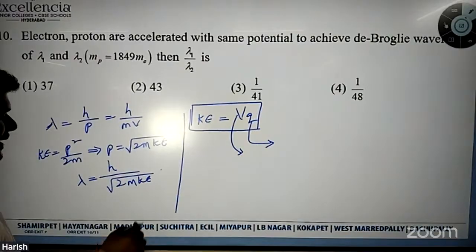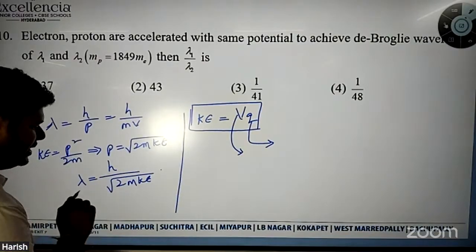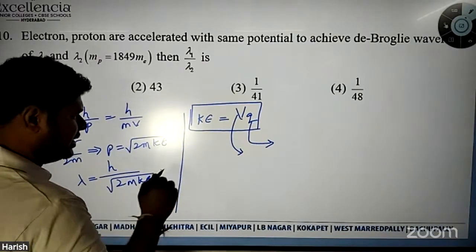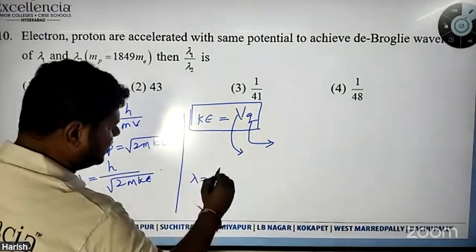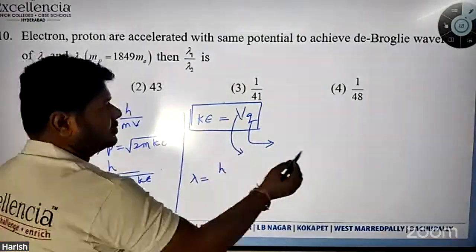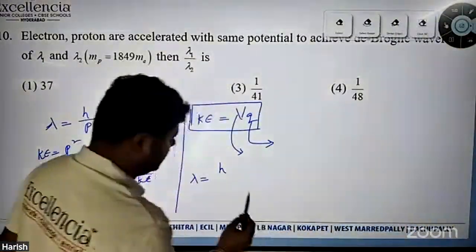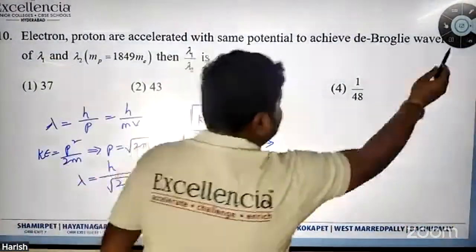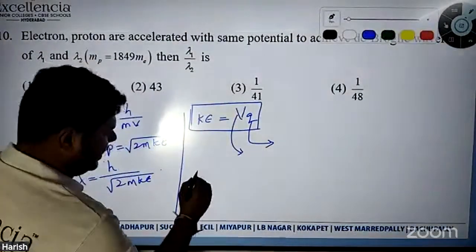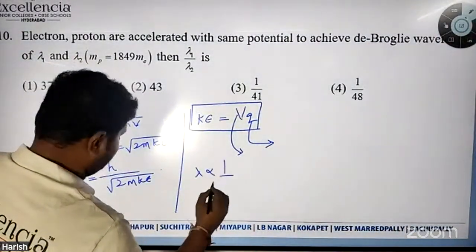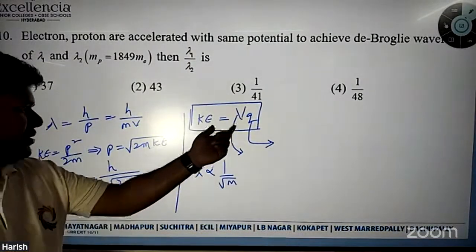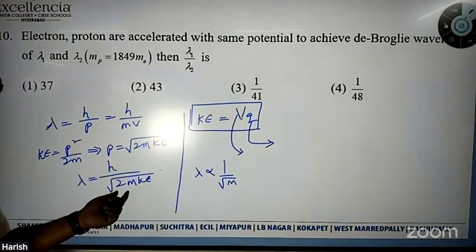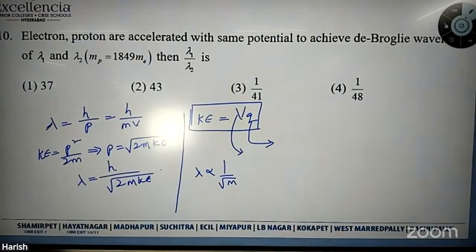As K is the same for both, h is a constant, and 2 is also constant, by using proportional relations I can say lambda is inversely proportional to root m, because kinetic energy is the same for both, and Planck's constant h is the same.